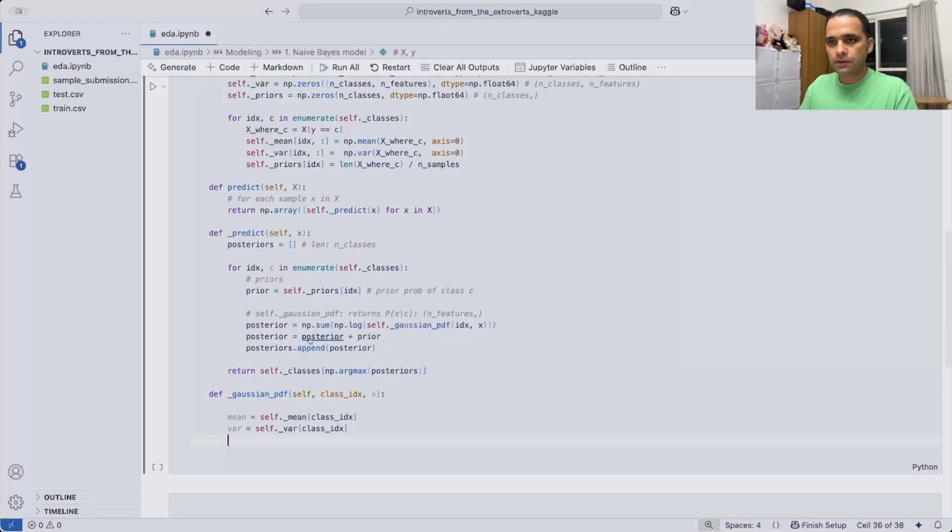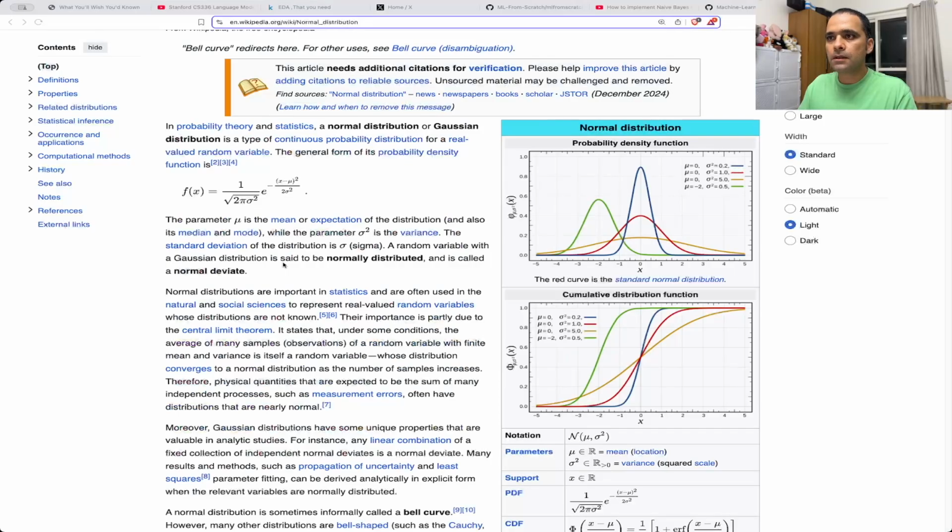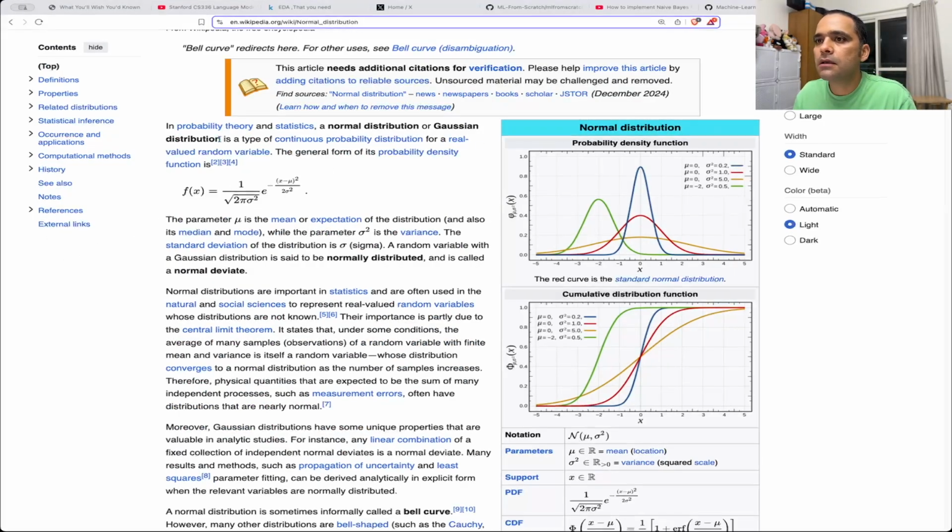If you remember from our formula, let me quickly show you that formula once more. So this is what the formula looks like, right?